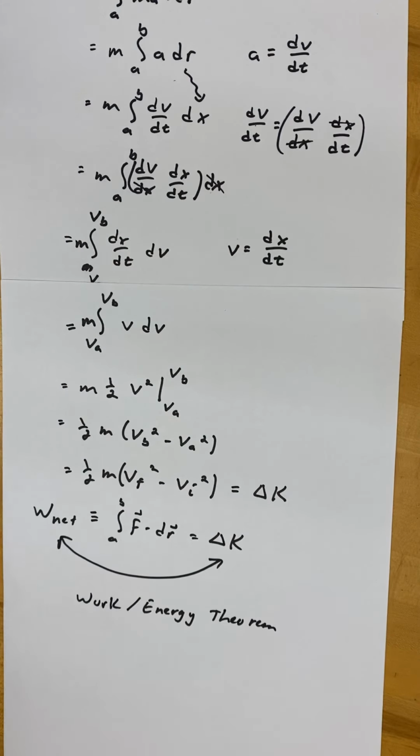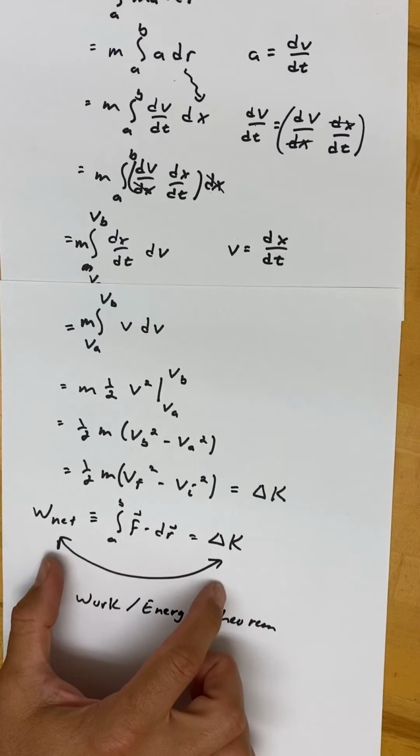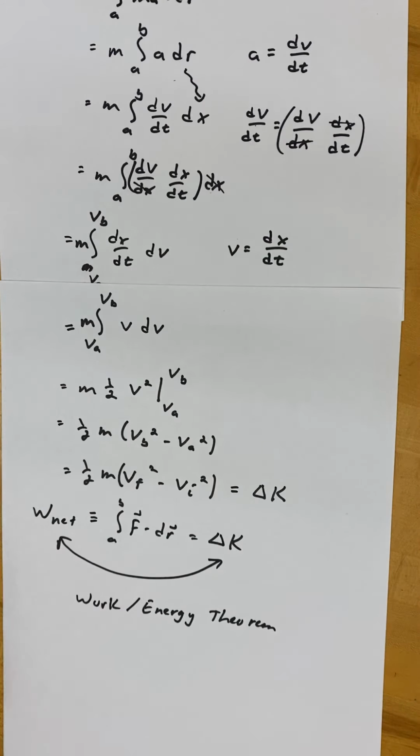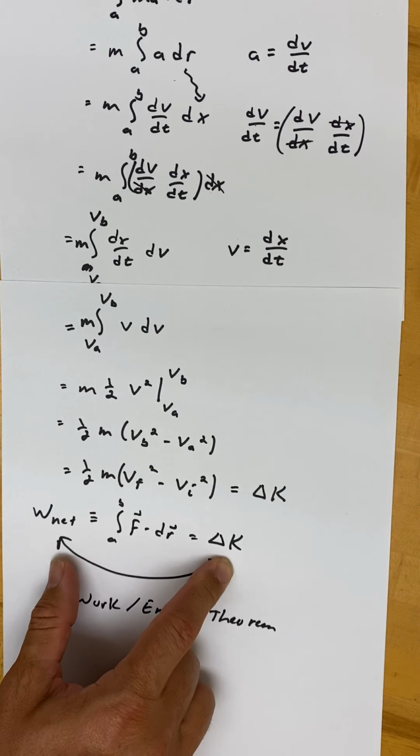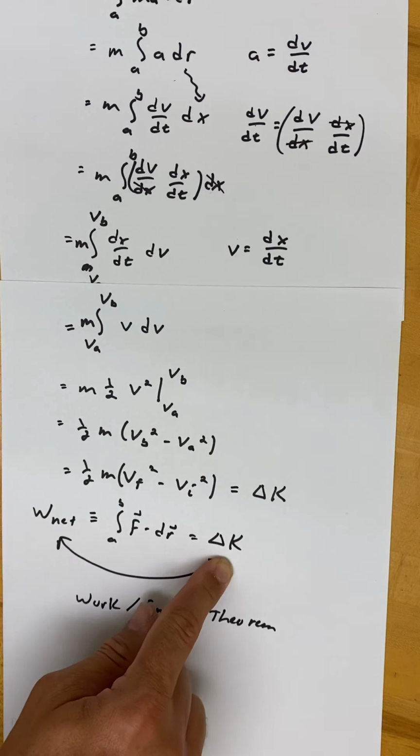This flies in the face a little bit of what I said in the last video, that sometimes I need to worry about how the potential energy changes. Hopefully that will get fleshed out as we go on and talk about specific ways that the potential energy can change. But for now, hang on to this. This is a physics law, the work energy theorem. If you do work on an object, that means you're putting in energy, which means that's going to appear as kinetic energy.